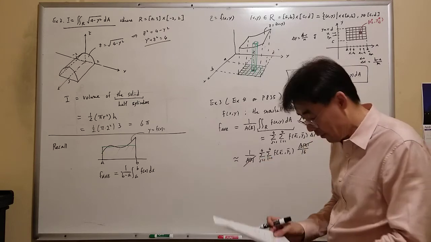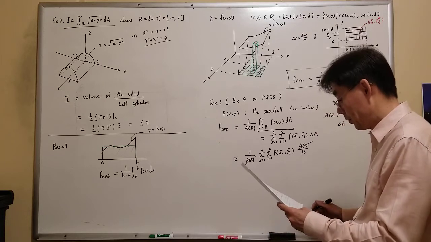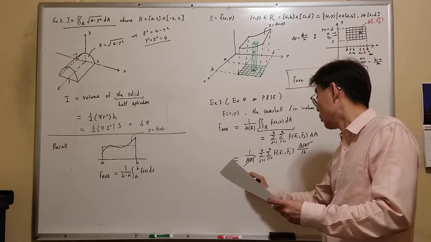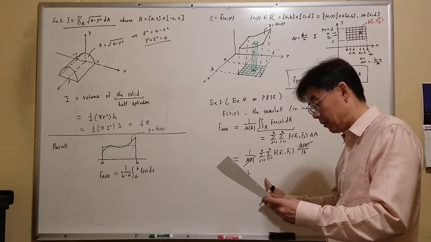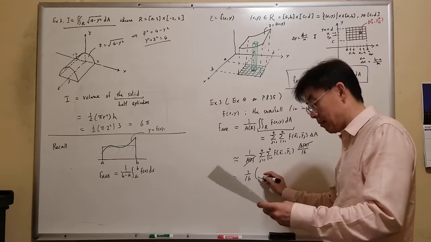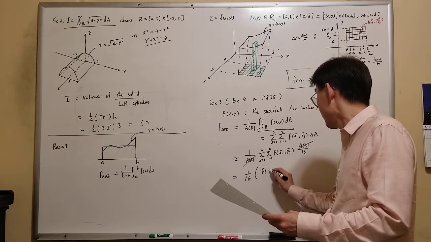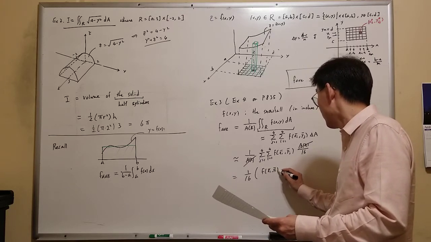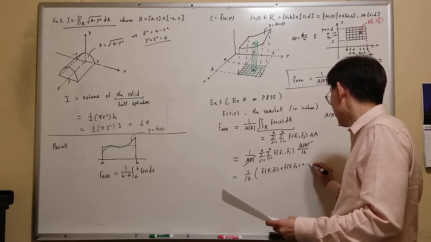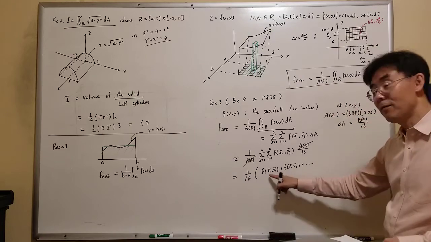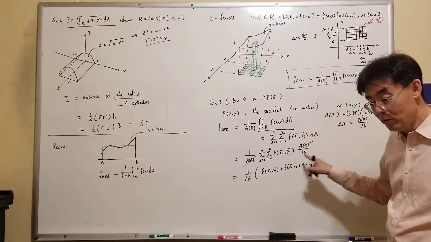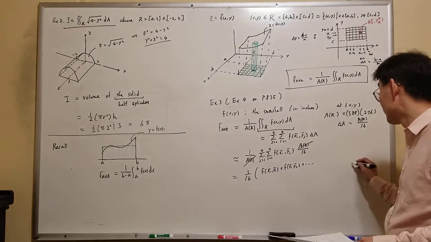So what you have here is 1 over 16 times this double Riemann sum, that is f of x1 bar, y1 bar, plus f of x1 bar, y2 bar, and so on. So you have to calculate the function value at the midpoints from all these rectangles, right?